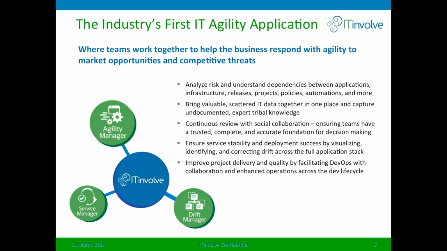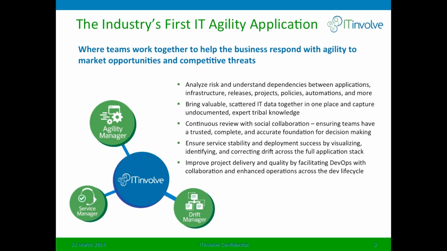The key capabilities of ITinvolve are the ability to analyze risk and understand dependencies, to bring scattered IT data together in one place, and capture undocumented critical expert tribal knowledge easily. Our product is built with social collaboration at its foundation, enabling a continuous review of information so that teams have a trusted, complete, and accurate foundation for decision making.